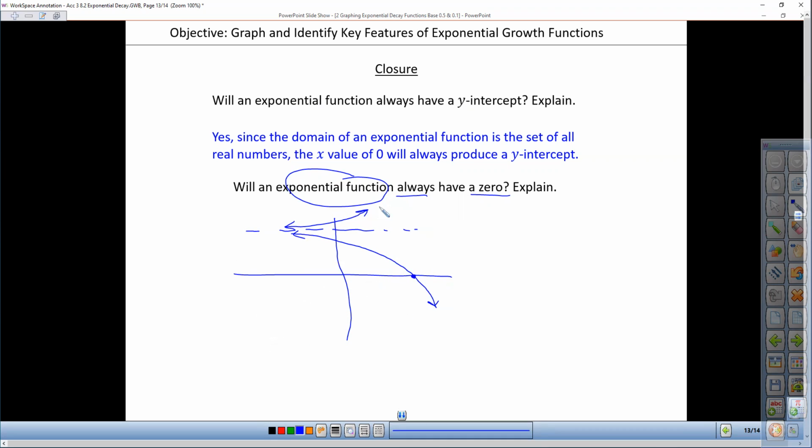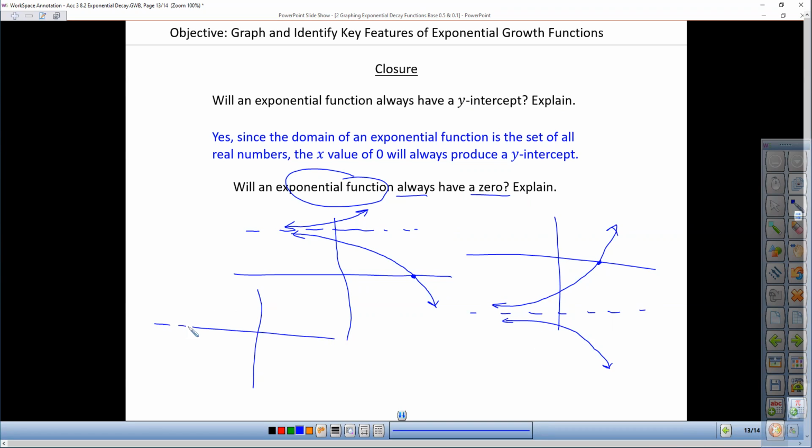And so we will sometimes have a 0 for an exponential function, depending on the location of the asymptote and whether the curve is above or below that asymptote. Because another situation, let's say your asymptote is down here. Well, if your curve is above it, now you do have a 0. If your curve is below it, you do not have a 0. If your asymptote is on the x-axis, then your curve is either above that or below it. And so you can't have a 0 in that situation either.